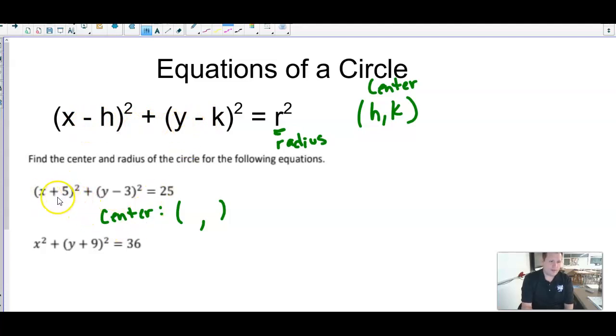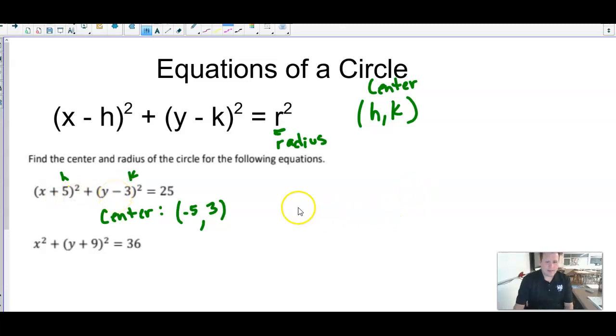So if I have x plus 5 here, this is my h and this is my k, but I have to make sure it's the opposite signs. So this would be -5 and this would be +3. My center would be at (-5, 3) because of the general form where it's minus minus, so the inside's always the opposite.